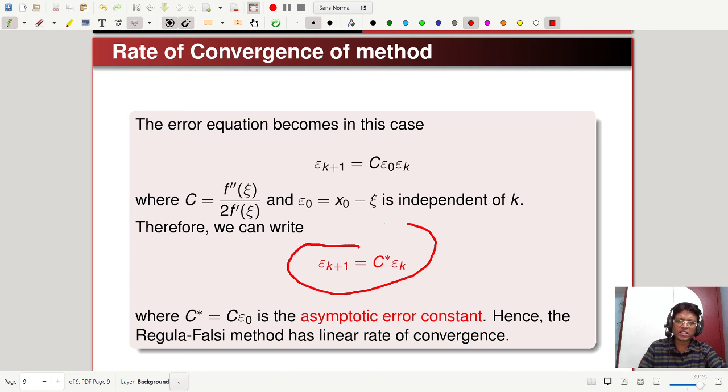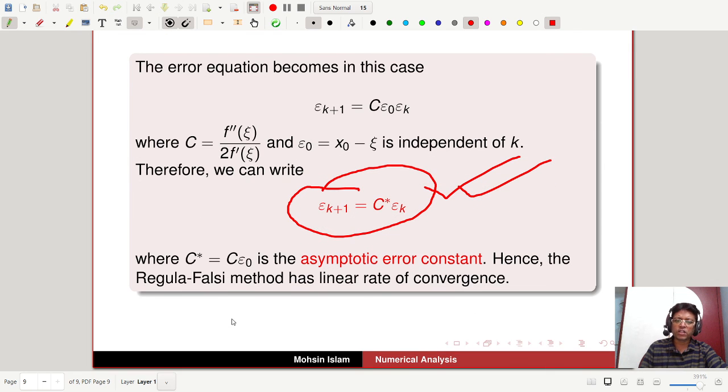This is the error equation, epsilon_{k+1} equal to C* epsilon_k, and C* is the asymptotic error constant. From this equation you see it is a linear rate of convergence. So the regula falsi method has a linear rate of convergence.